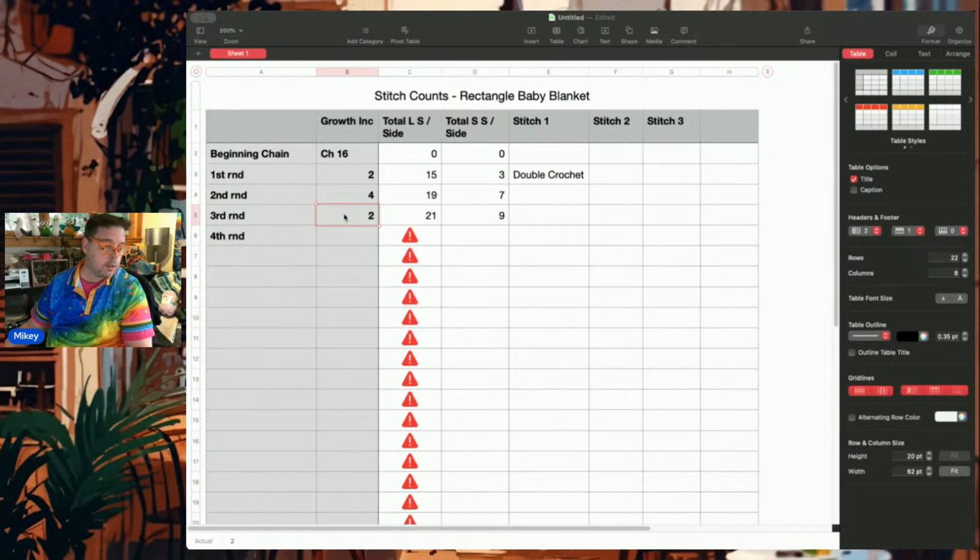So third round, let's get what the stitch counts are. Third round, there's an increase by 4. Fourth round, there's an increase by 4.